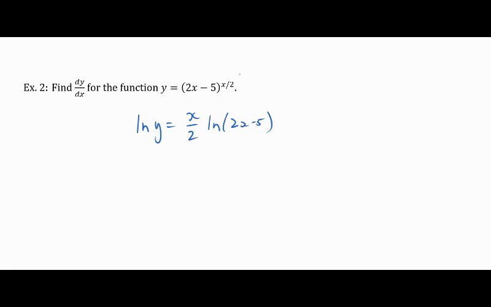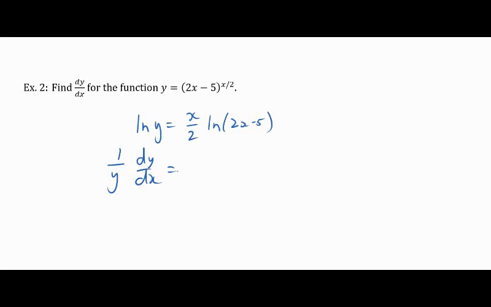And this is what allows me to take the derivative of something that has an x in the base and an x in the exponent. Okay, then I take the derivative of the entire thing. So this is the derivative of ln of y is 1 over y dy by dx. And the second part, again, is product rule.